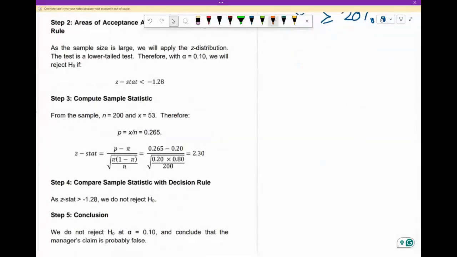Someone said H1 is the one with the equal sign. No, you said H0 was the one with the equal sign. Wait guys, pause, give me a second to speak. I'm not disagreeing, you are 100% right.